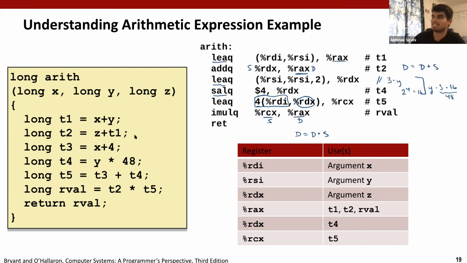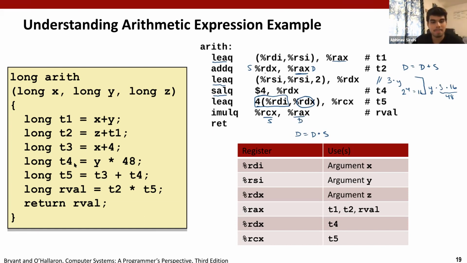Okay, I understand what they did here. Basically, RDI contains X, and we're adding 4 to that. And X plus 4 is what T3 was. So in this step, oh, Eric, you got it? If you want, you could explain it.